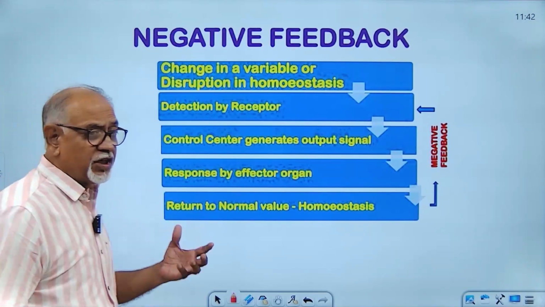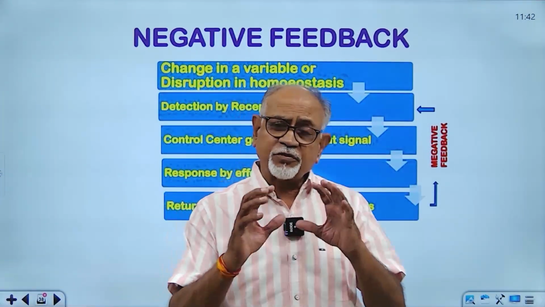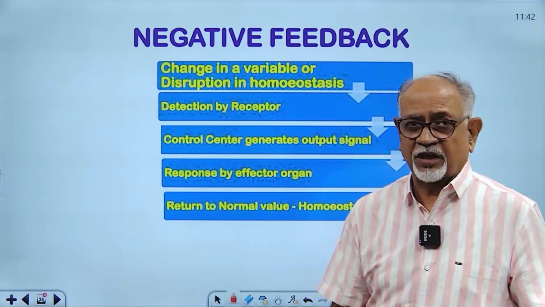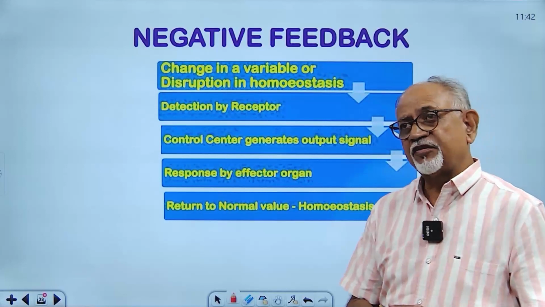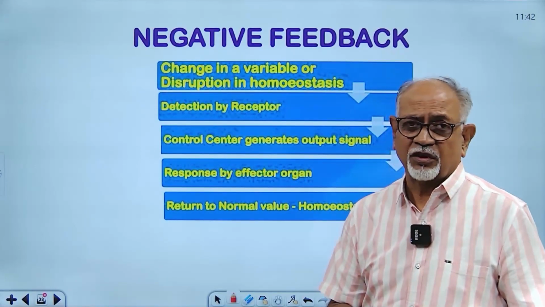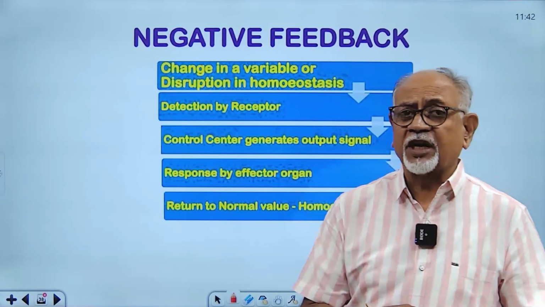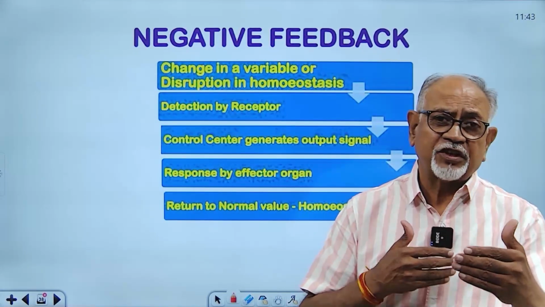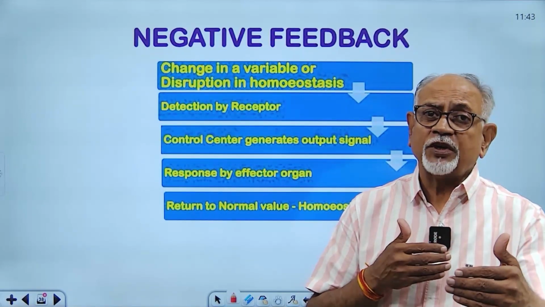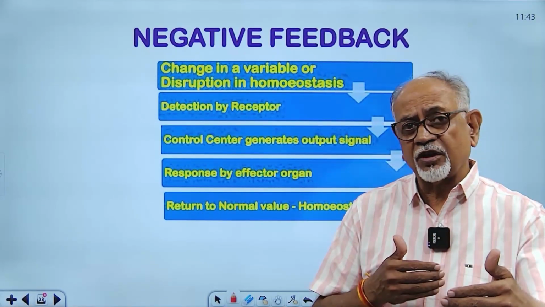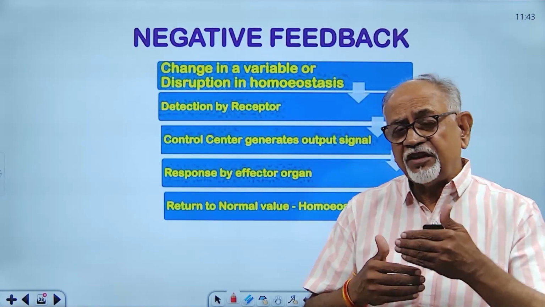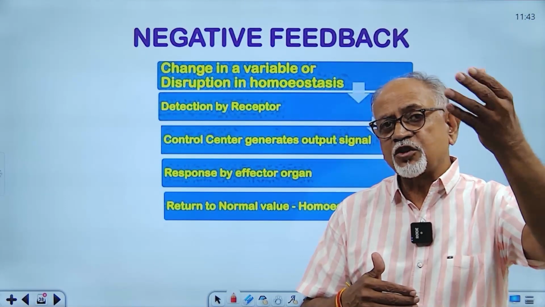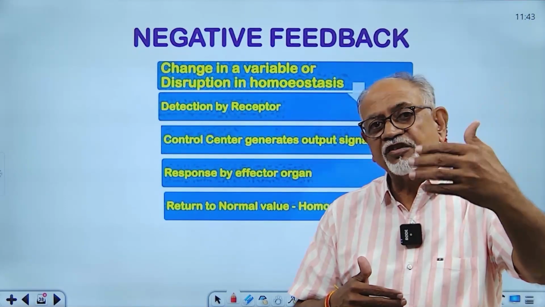Now, the feedback mechanism is of two types. One is the negative feedback mechanism and another is the positive feedback mechanism. The negative feedback mechanism is the mechanism by which, if some parameter is increased, a feedback is generated that stops the stimulus which increases that parameter.